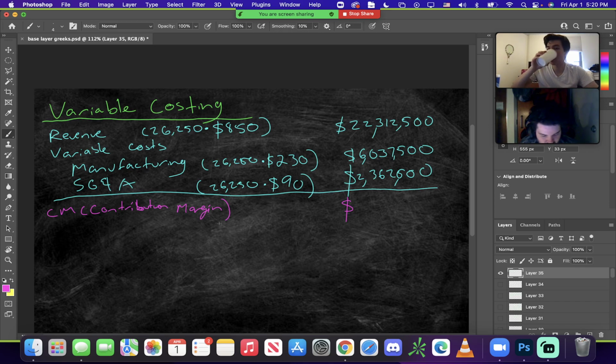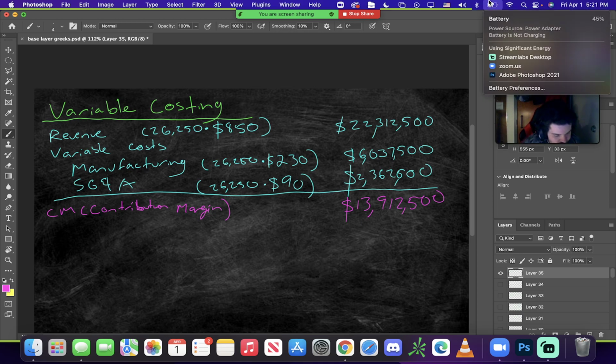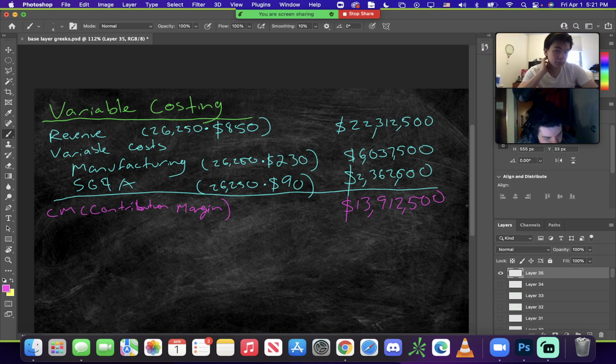That's just the revenue minus the variable cost. So would the contribution margin be 13,912,500? Yep. Okay. What's after this?